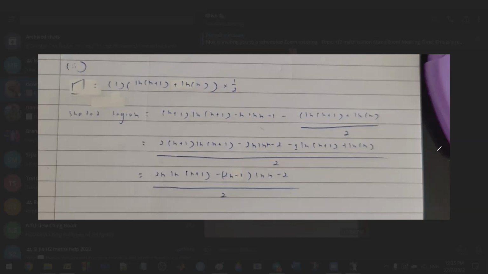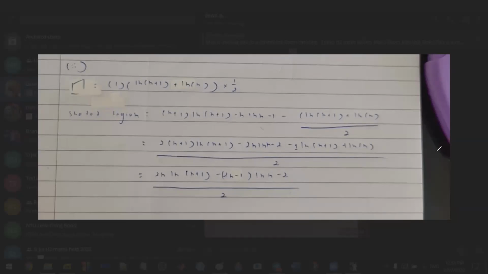Oh my goodness, I see your algebra got error. Let's go through this part here. I'll give you a hint first.